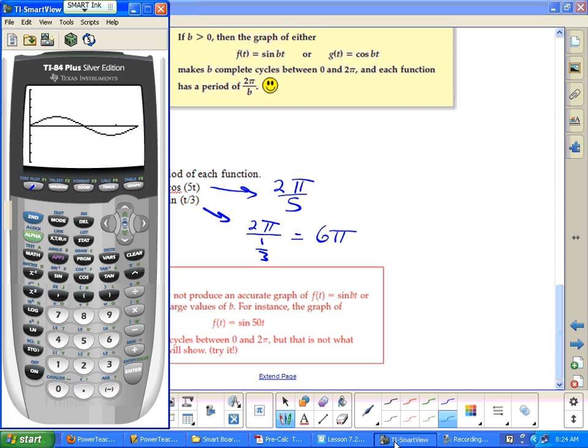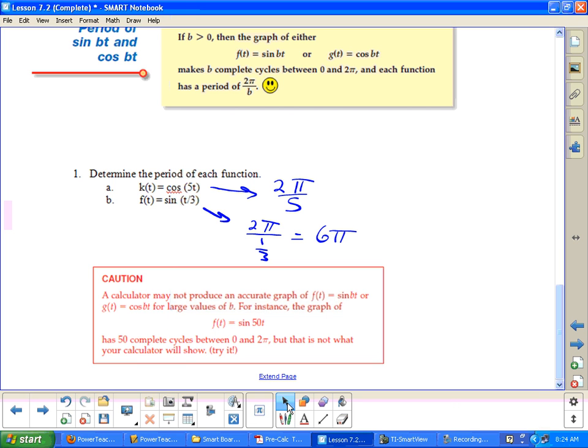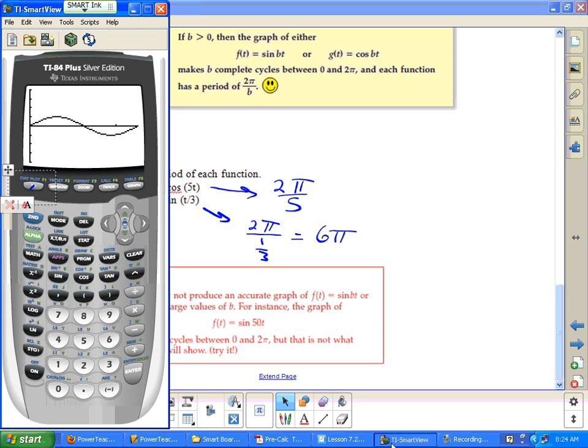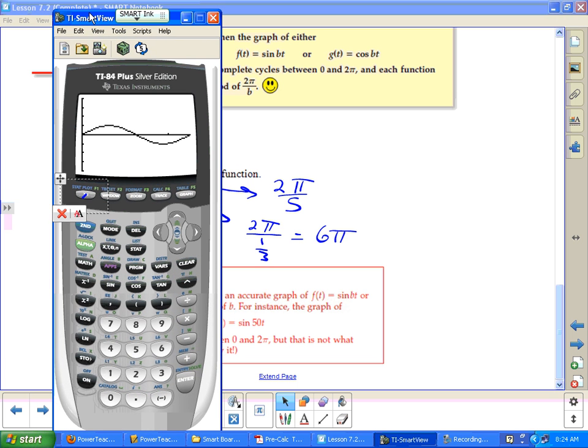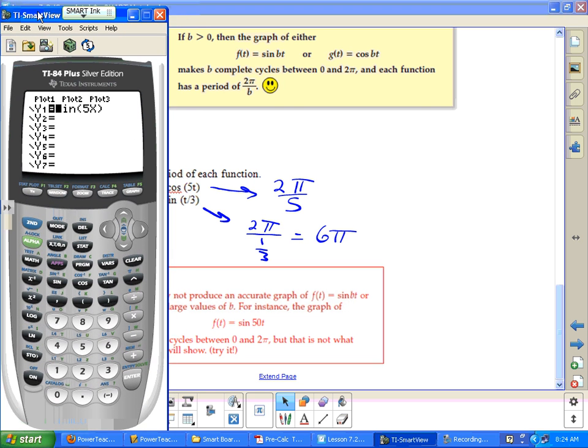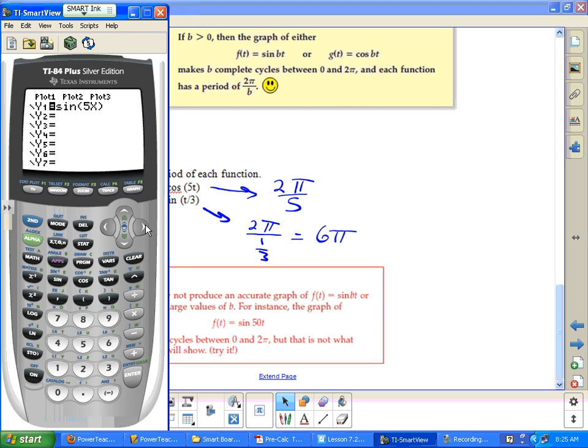So if we go to our y equals and put in the sine of x divided by 3, we're going to have to go from 0 to 6 pi so I can see one cycle.